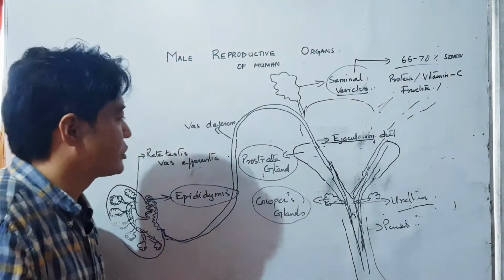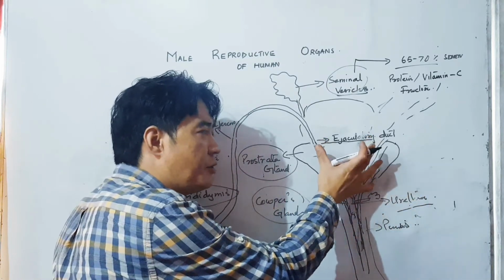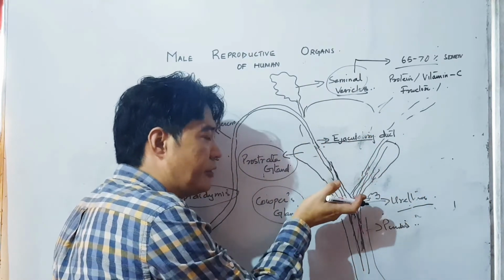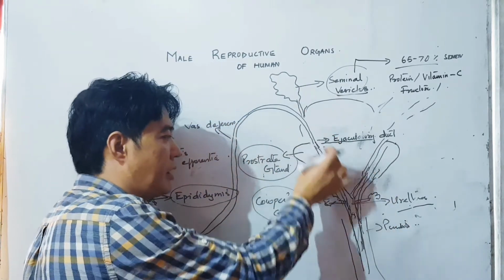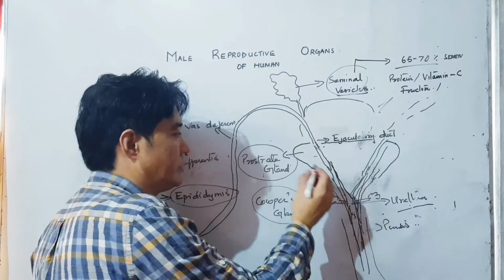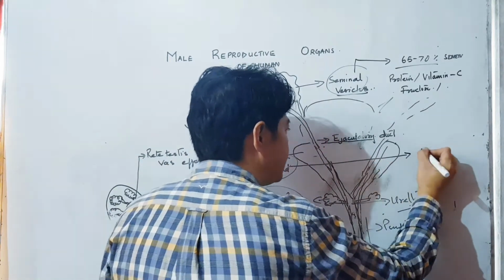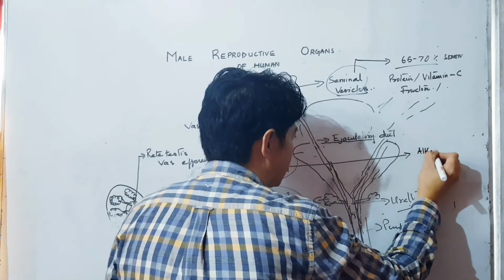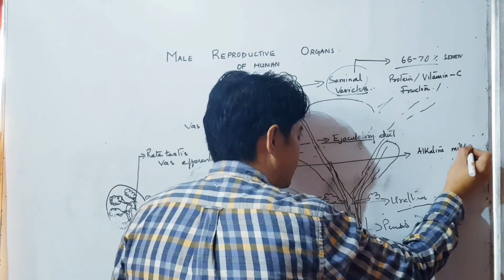Another gland, the prostate gland, is found just near the urinary bladder, above the urethra, in between the junction of the spermatic cord and the urinary tract. The prostate gland contains an alkaline, milky, whitish fluid.